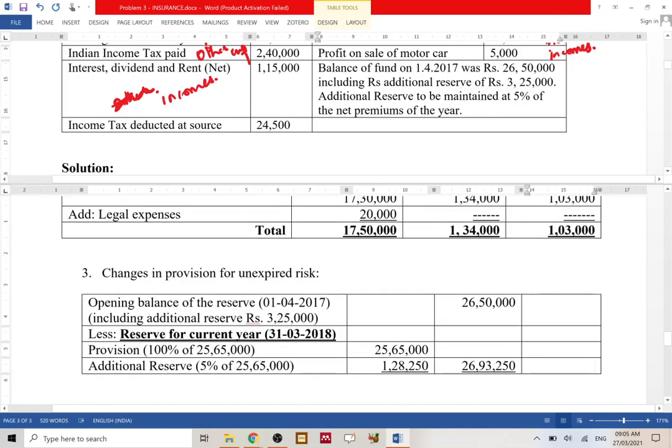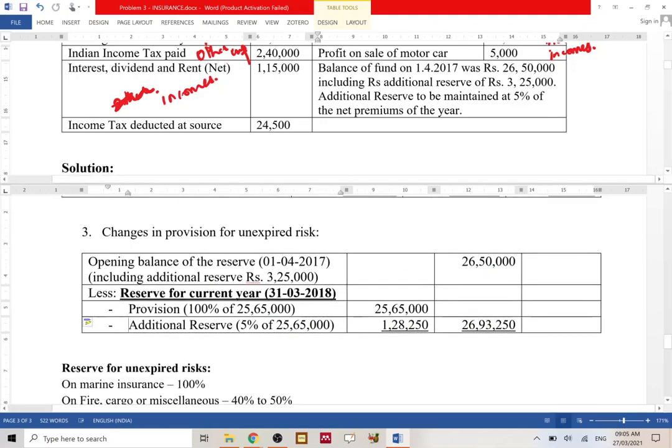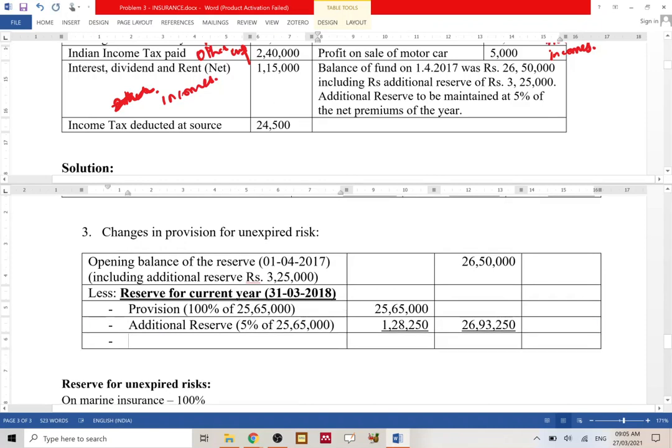Now what we have to do is, we are looking at changes in provision for unexpired risk, right? I will just give this bullet points so that it is not confused with the entire total. Fine. So opening balance is 26,50,000 minus the current year's balance 26,93,250. Whatever is the difference, that is our changes in provision for unexpired risk.